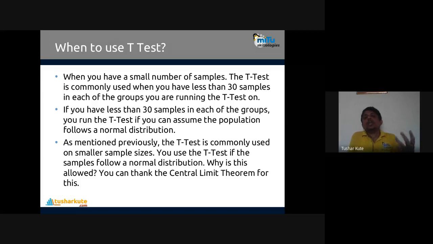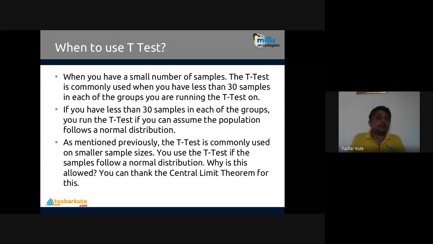Now, when we have a small number of samples, obviously the samples are small, taken as a snapshot from the population, a set of elements. The t-test is commonly used when you have fewer than 30 samples in each of the groups you are running the t-test on.